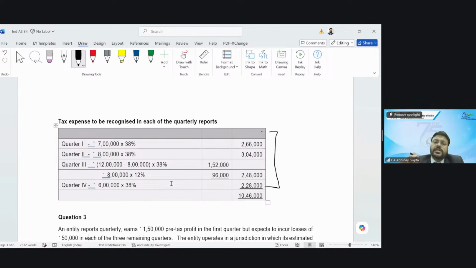And for the special income, which is taxed at a special rate, we will calculate the tax amount for that income at that very rate for that very quarter in which it was earned, right? So this is the sole approach we need to take while computing the income taxes for each of the quarters, right? For the year end, there is no difficulty, but for the quarters, it is a different case, right?